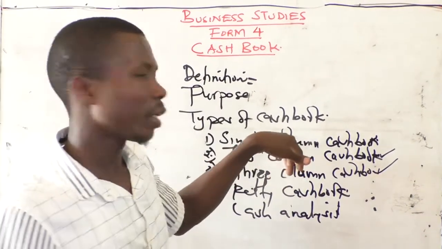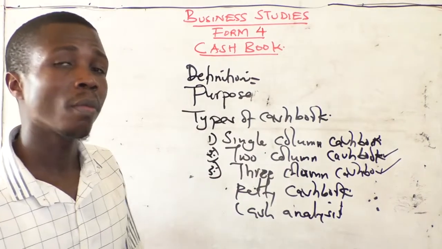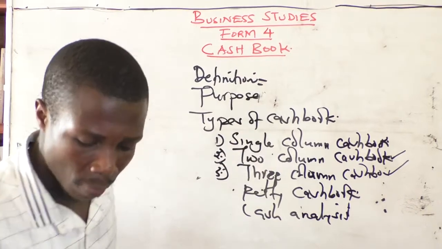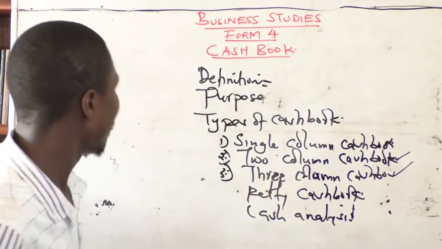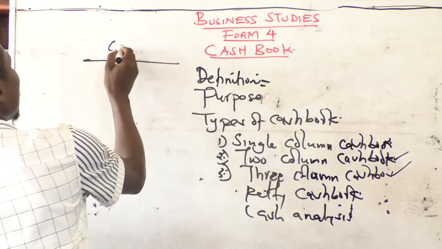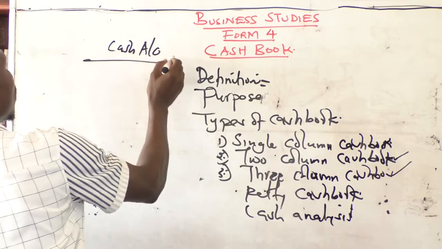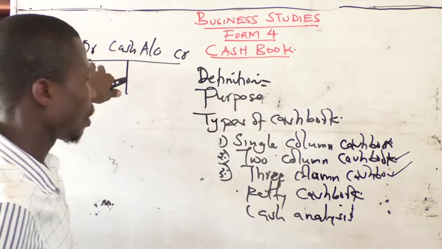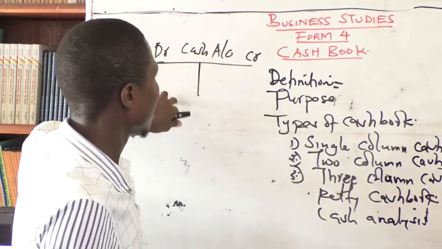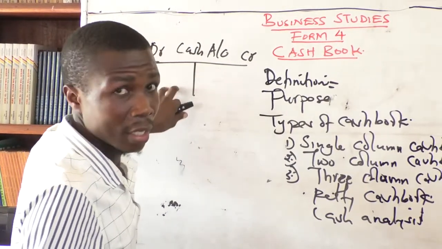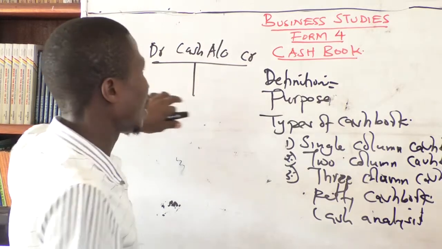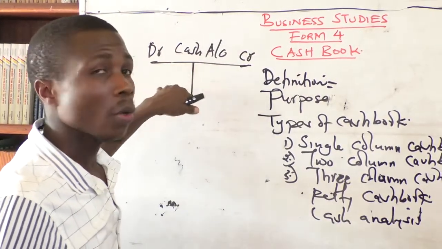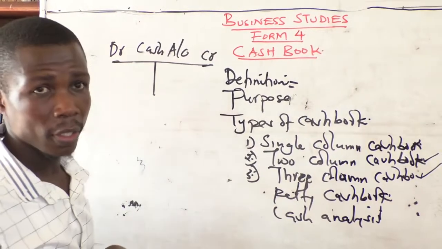It's a form of ledger account that only deals with money in hand or money at bank. Remember when we were talking about ledger, we had the cash account, with CR and DR. All money received by the business in cash was recorded here, then all the money used was recorded here. So this is a ledger, but it also acts as a cash book.